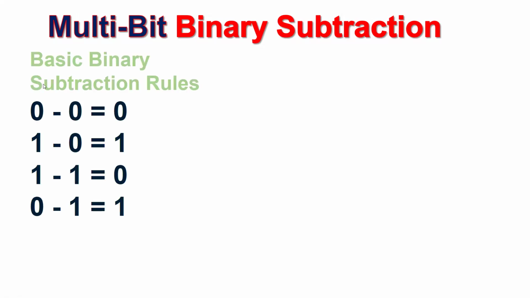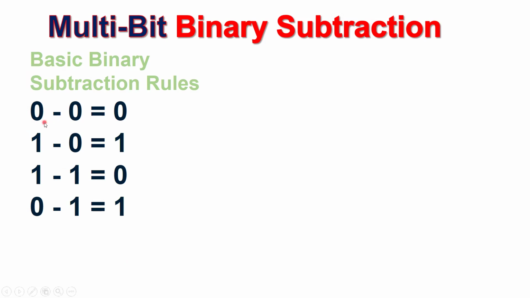So to begin with, here are some basic rules in binary subtraction. There are four possible combinations of doing a binary subtraction. You have logic 0 and you have logic 1.